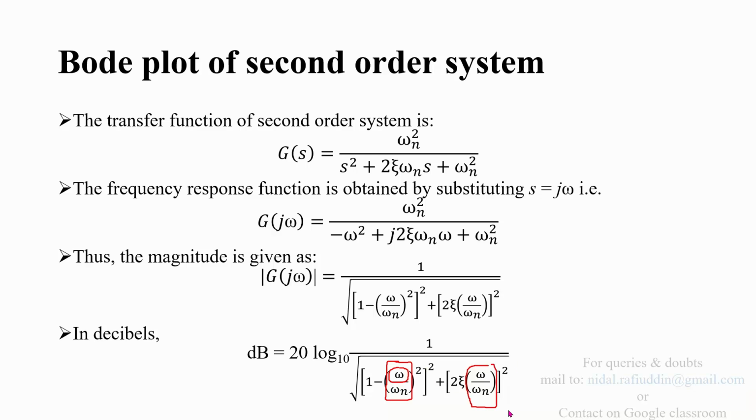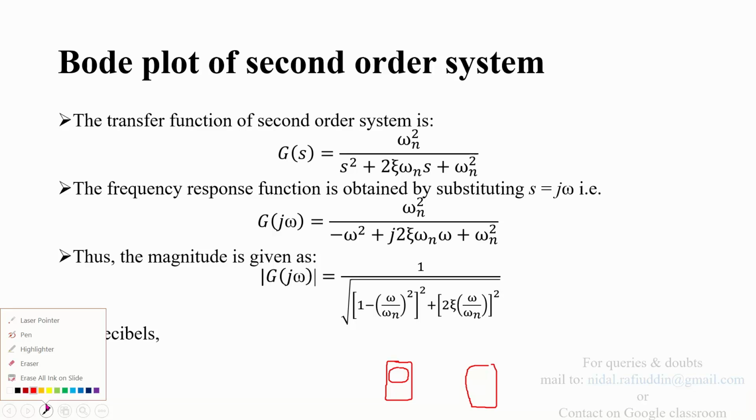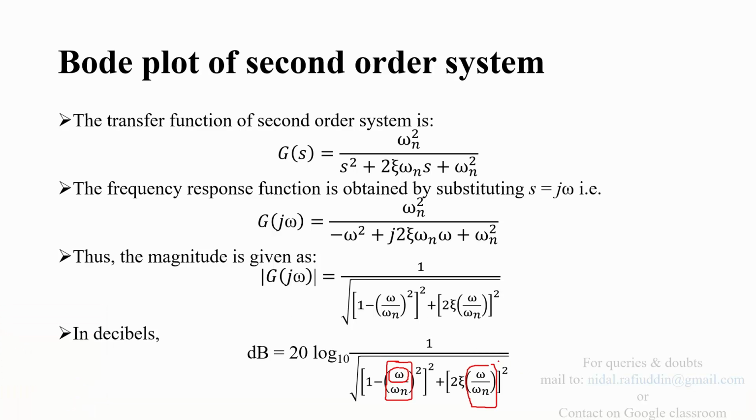So we're going to discard this term, and when we consider omega much greater than omega n, we are going to have this as 1 upon under root omega by omega n to the power 4. And this can further be written as 1 upon omega n square.